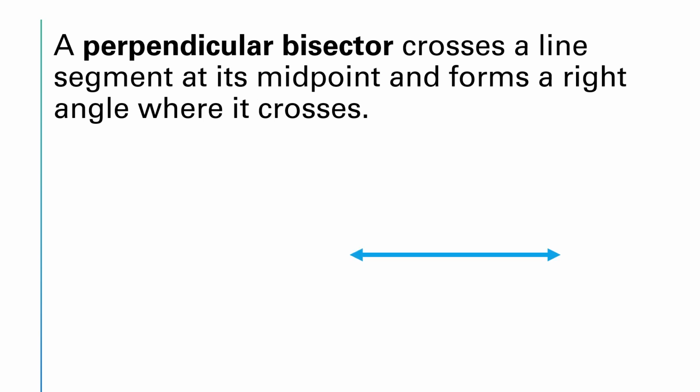So imagine that we've got a line here and we're just going to mark a little line segment on here. So we've got A to B. The line in between A and B, that's our line segment.